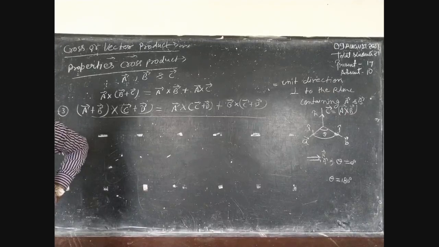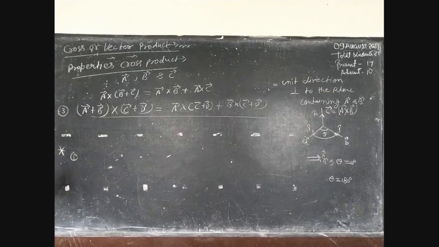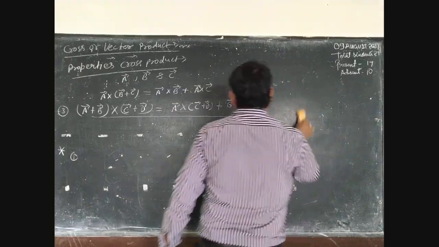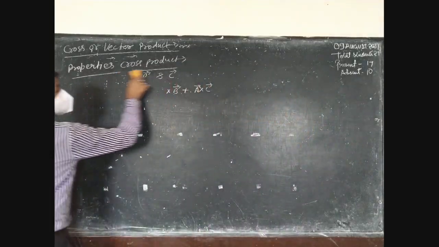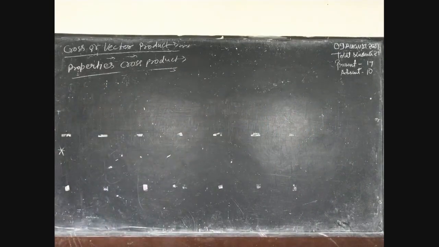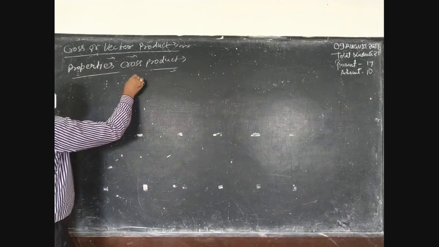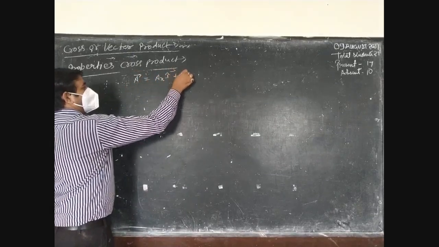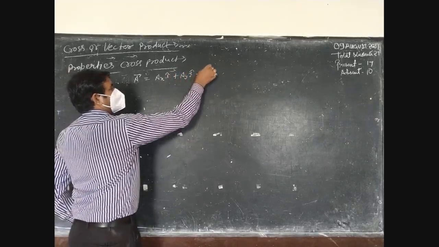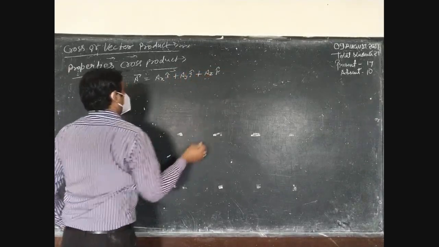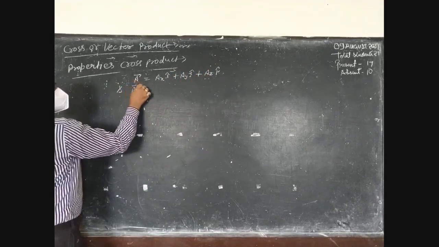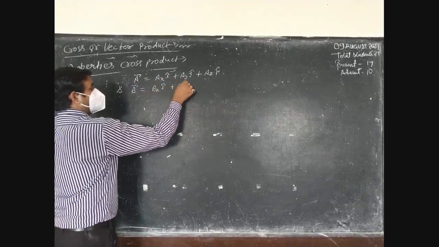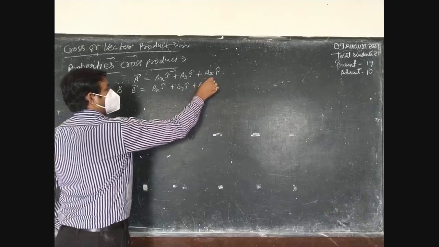multiplication of two vectors. Suppose you have two vectors, vector A as ax i cap, ay j cap, az k cap, and vector B as bx i cap, by j cap, bz k cap.